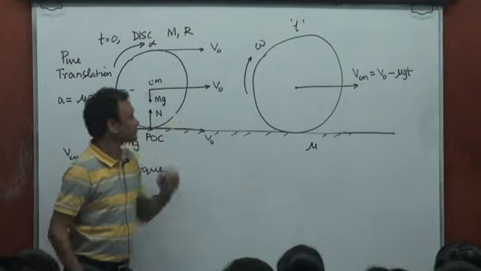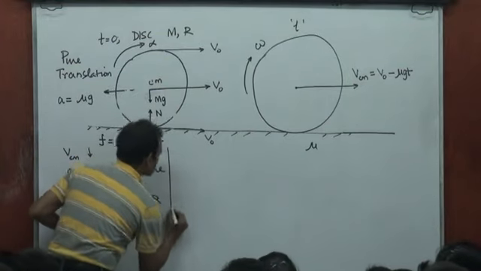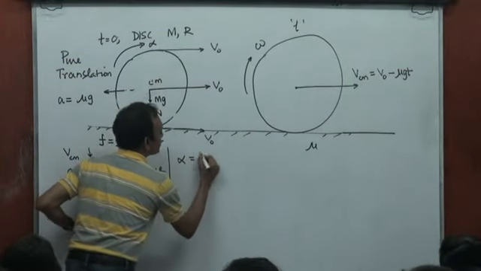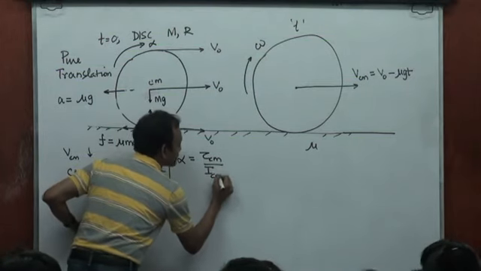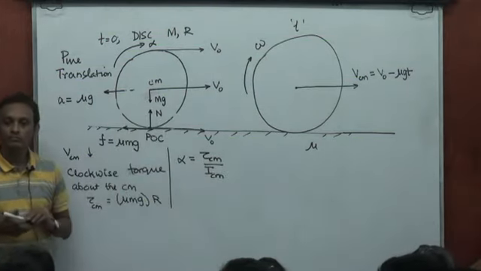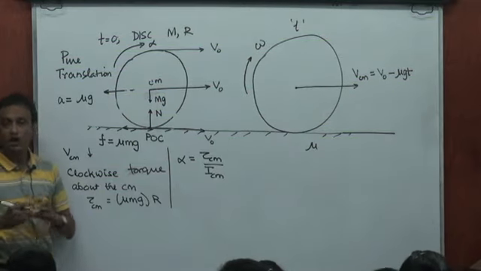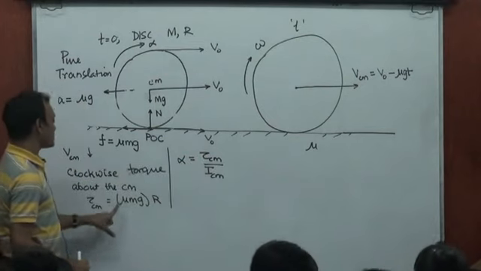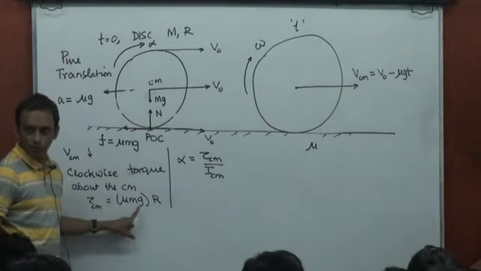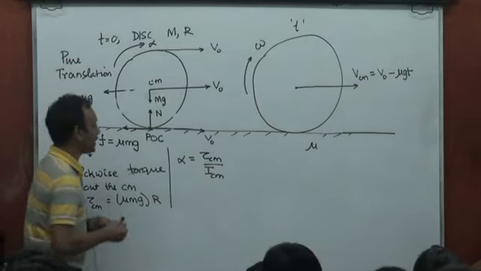So let's calculate the angular acceleration so that we could eventually calculate the angular velocity at an instant of time t. Angular acceleration alpha is going to be tau about the center of mass divided by I about the center of mass, tau equal to I alpha about the center of mass. Now, tau about the center of mass is mu mg into r. Yes or no?